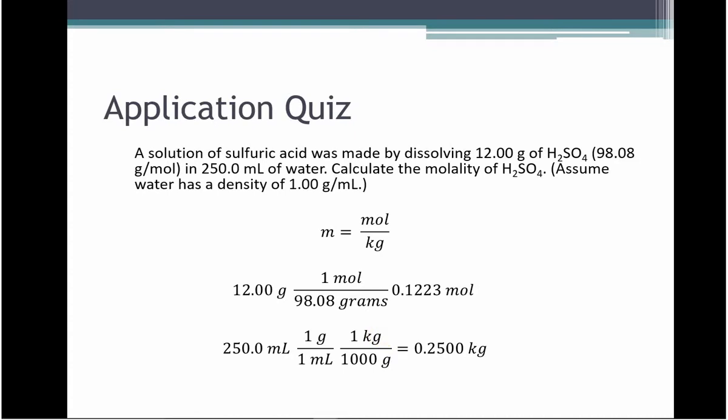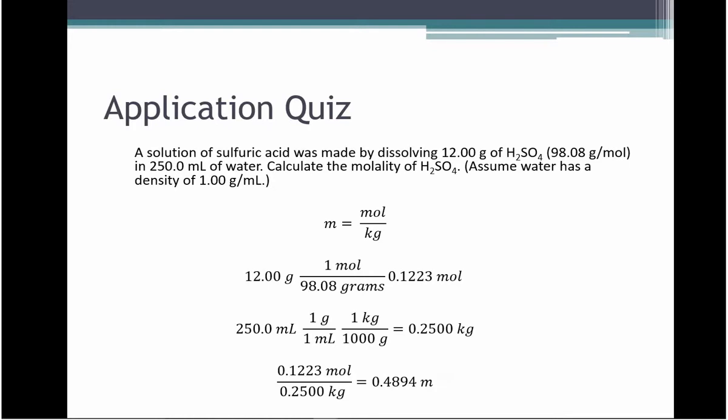At that point, we can just take moles divided by kilograms to get 0.4894 molal. Okay? In addition here, guys, just keep in mind, do this stepwise. Make your plan the same way that we did in 111, and you should be okay.